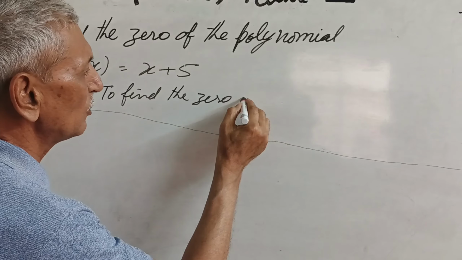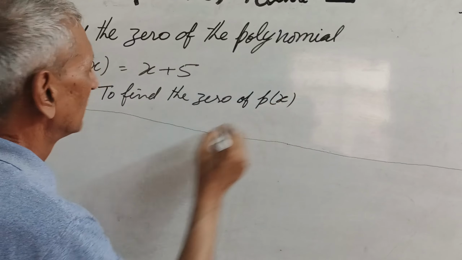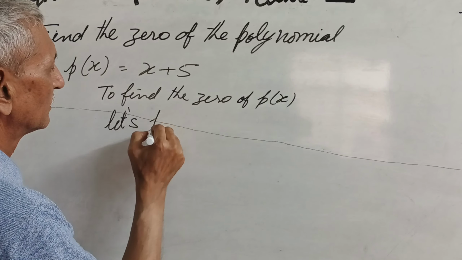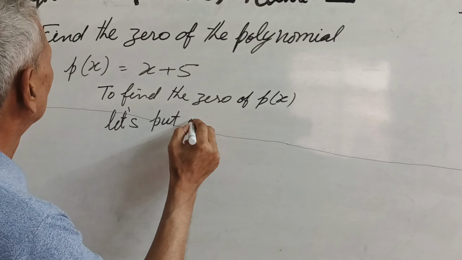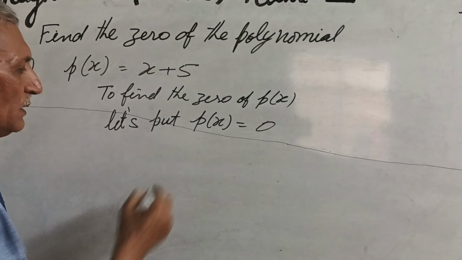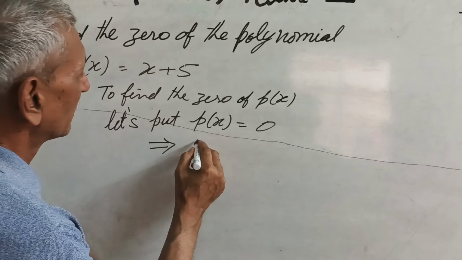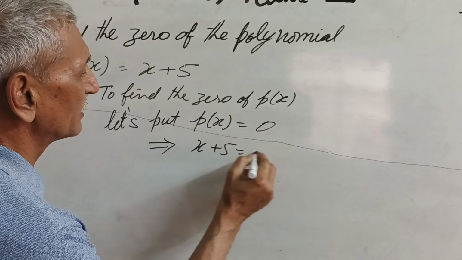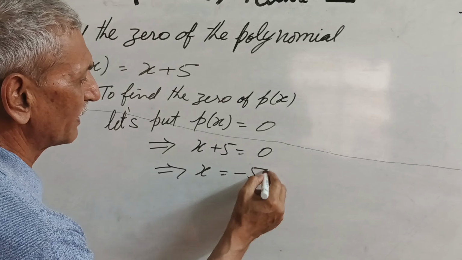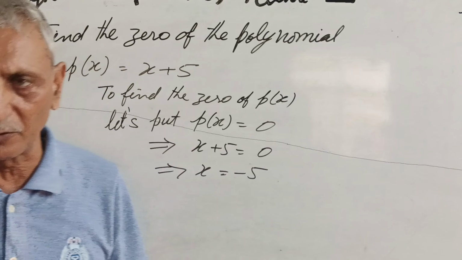To find the zero of the polynomial, let's put this polynomial equal to 0, right? So this is the polynomial, x plus 5 is equal to 0, and that should give you x is equal to minus 5. So this is the 0 of the polynomial. This is part 1 for you.